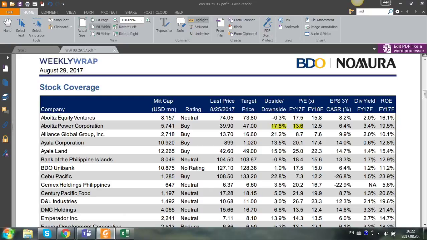So, yun, yung how much the company is effective to return profit out of the equity that they are using from the investors. So 19.5%. So the bigger one, the better. So maganda yung ano. Basta above 15%, that's a very good ROE.